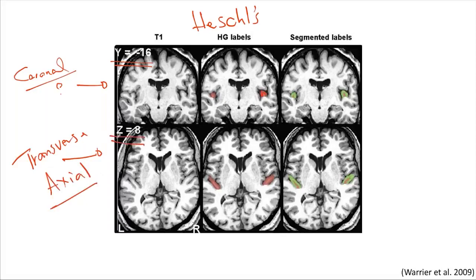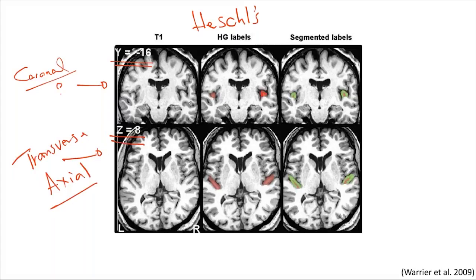Because in transverse or axial cuts, I'm changing the Z, from lower Z's to higher Z's, because I'm cutting in this direction. But when I'm cutting in coronal, I'm going from the back of the head to the front of the head, and I'm cutting in the Y direction. That's why I need to report the Y.